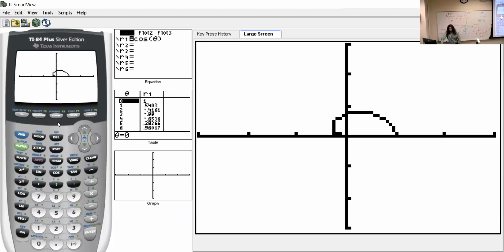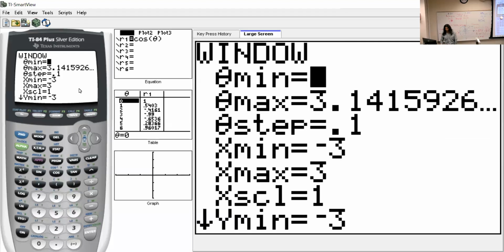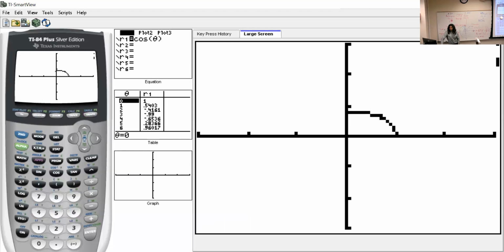Good. Now I can change the step instead of 0.1, 0.05. What has happened? It's slowed down. So you can slow it down to see in which direction the curve is moving.